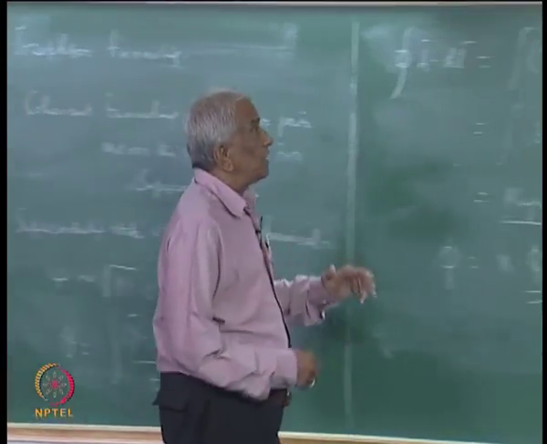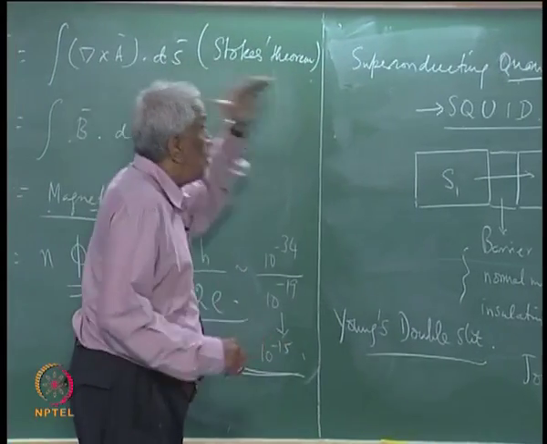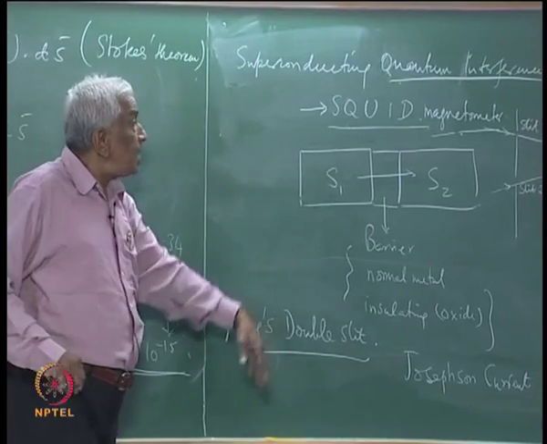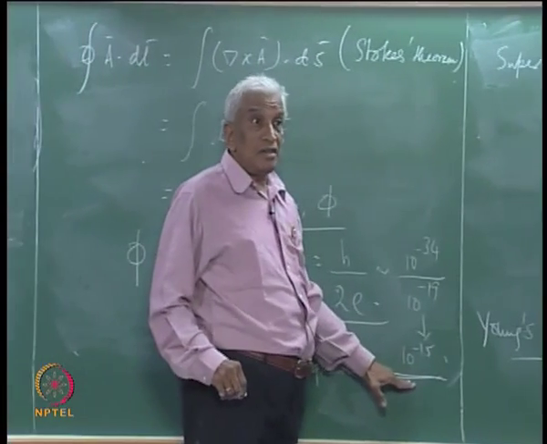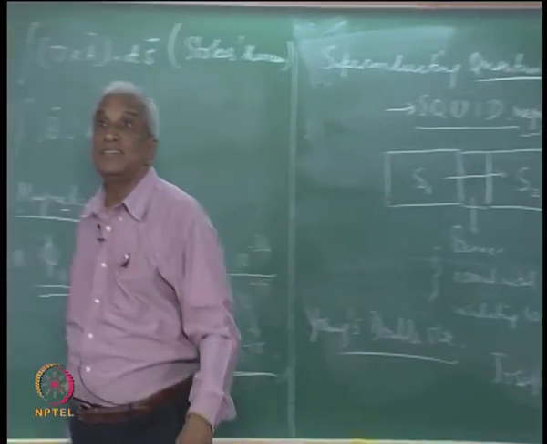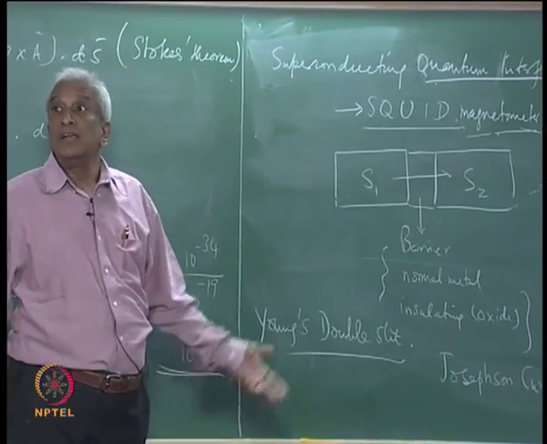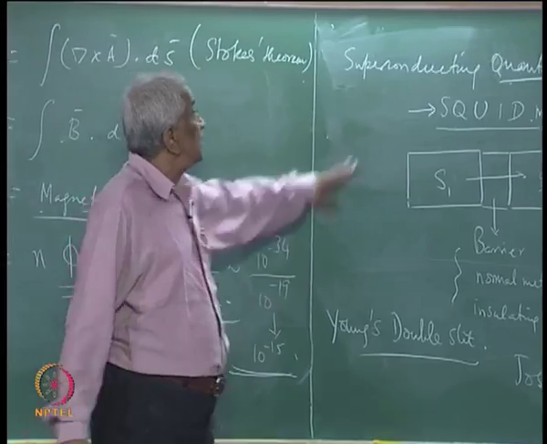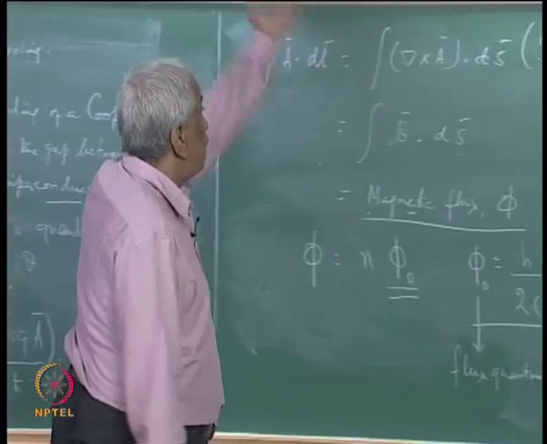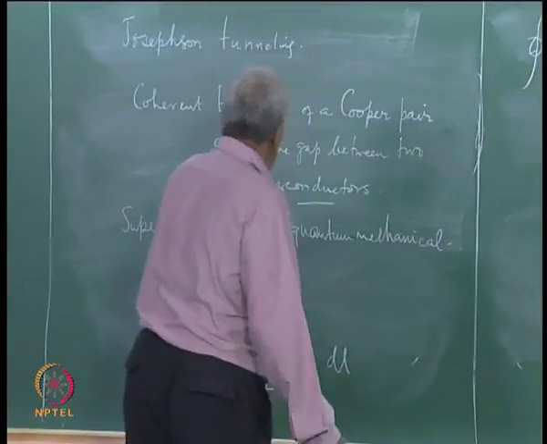So, the superconducting quantum interference device in one stroke demonstrates the quantum mechanical nature of a superconductor on the theoretical side, enables us to measure the flux quantum, and also provides the basis for an extremely sensitive method of measuring magnetic flux and hence current and voltage. So, this is an application of a superconductor which is very far reaching in its scope. So, we will consider some of these in the next lecture.